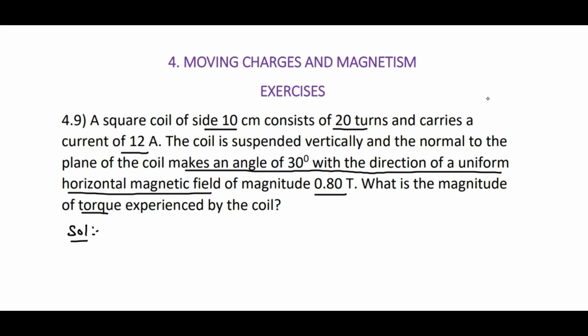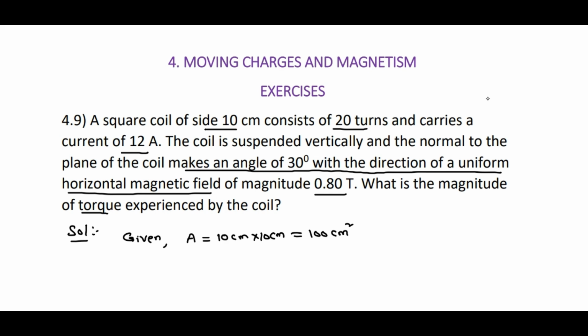That means the current carrying coil is suspended in uniform magnetic field, and the given values are: area of the coil. It is in the form of square, so 10 centimeter into 10 centimeter, that is 100 centimeter square.